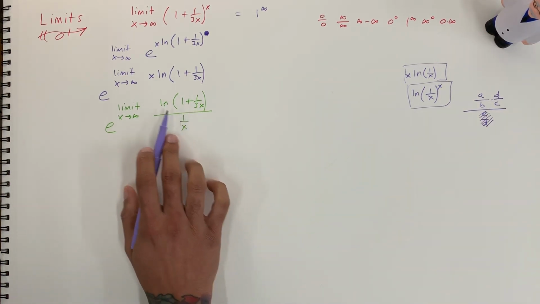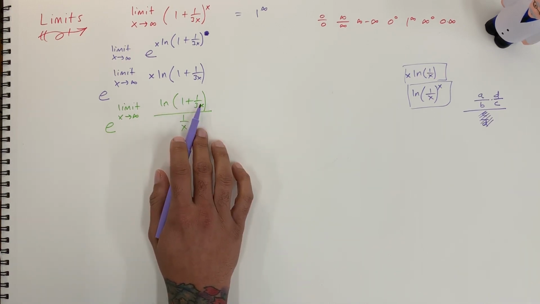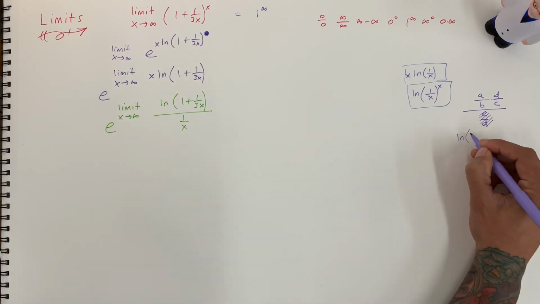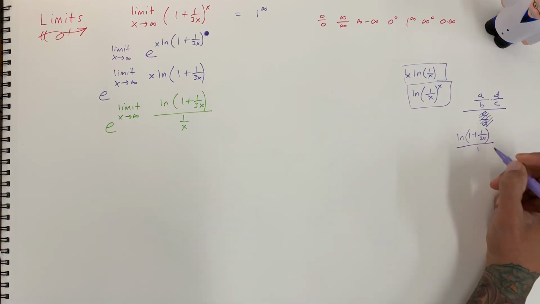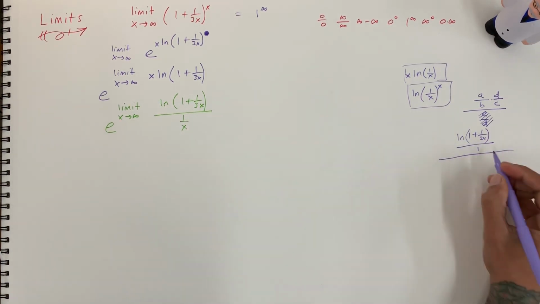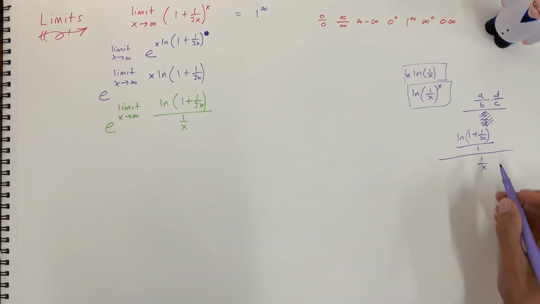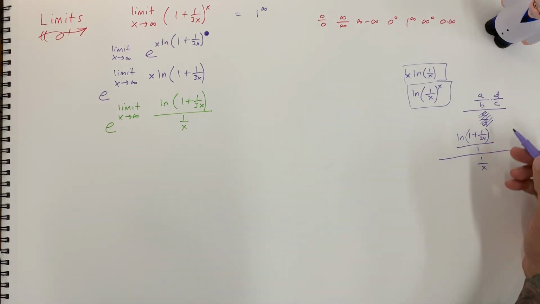If I have ln of all this stuff over 1, that's a fraction on the top, and then the big line over 1 over x, then using this property, I can flip this fraction to the top.